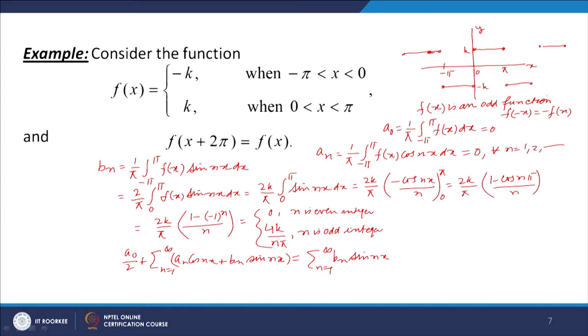So, replacing n by 2m minus 1, take n equal to 2m minus 1. Then m will take values 1, 2, 3 and so on.